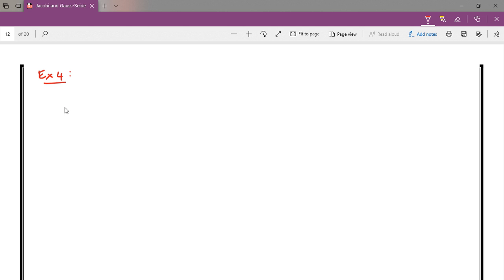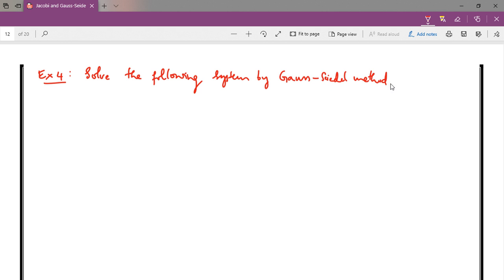Solve the following system by the Gauss-Seidel method. What is the system given?